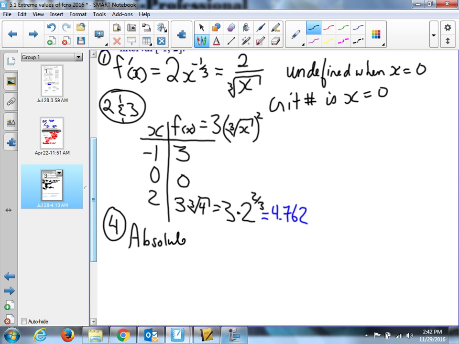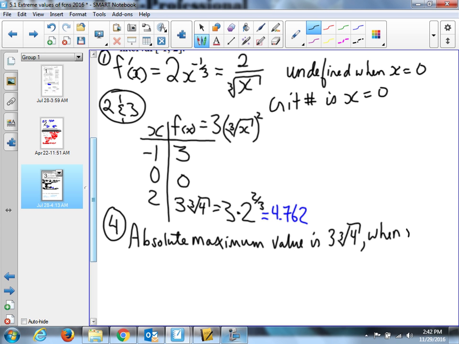Absolute maximum value is 3 times the cube root of 4, or alternately 3 times 2 to the 2/3 is fine.